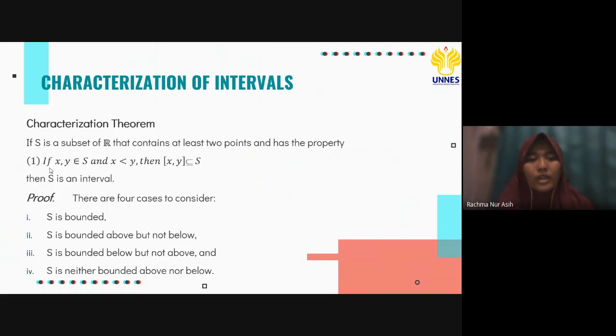Proof. There are four cases to consider. First, S is bounded. Second, S is bounded above but not below. Third, S is bounded below but not above. And fourth, S is neither bounded above nor below.